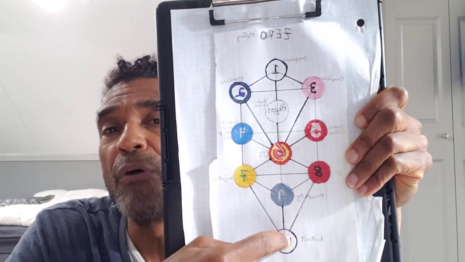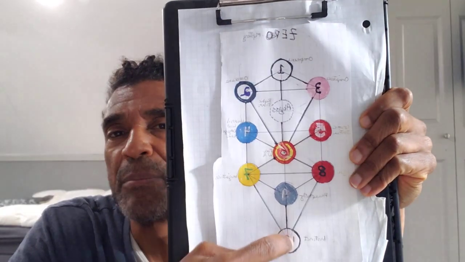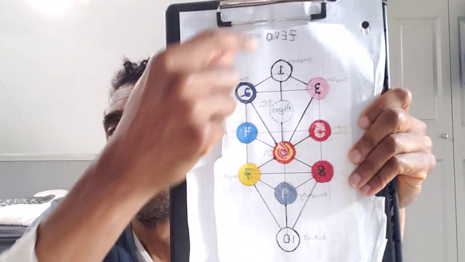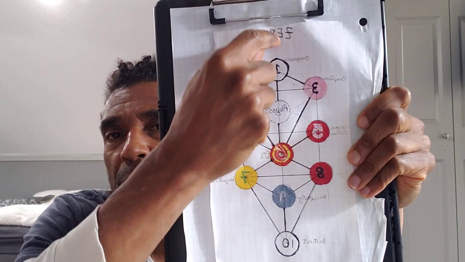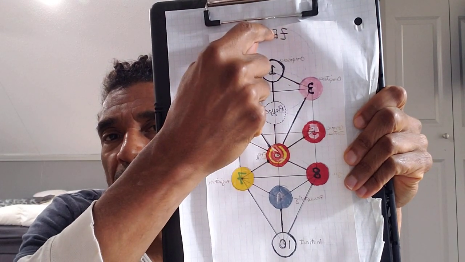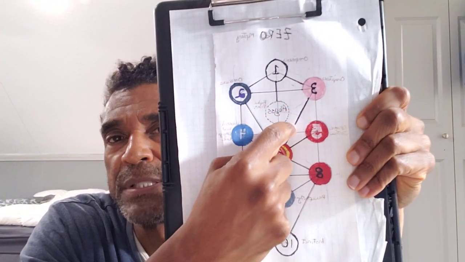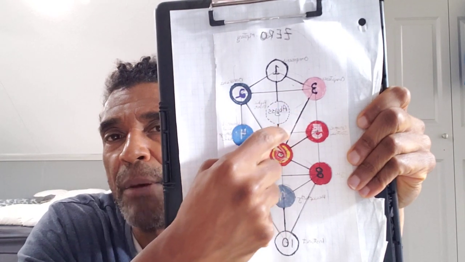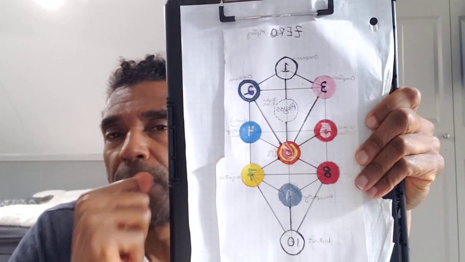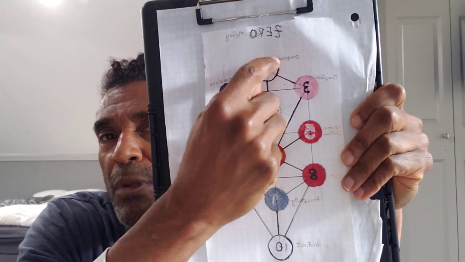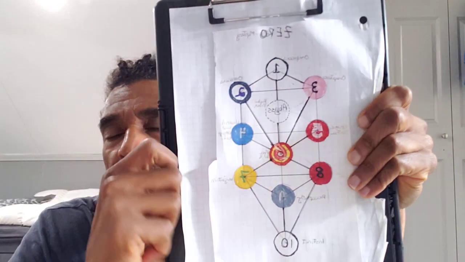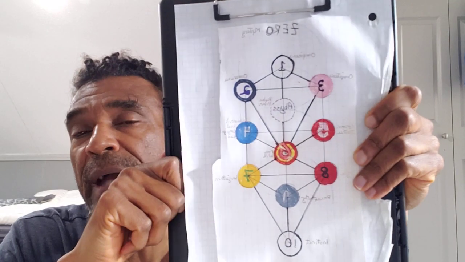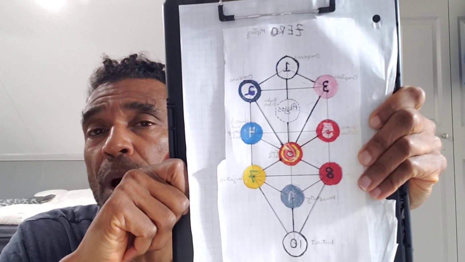Now, there are 12 different faculties of consciousness, numbered from 10 all the way to 1, or to 0. This is 1, this is 0. Above the tree, there's also an abyss here, which is not numbered. So a total of 12, and we're looking at the top of the tree, number 1. So what faculty of consciousness is number 1?